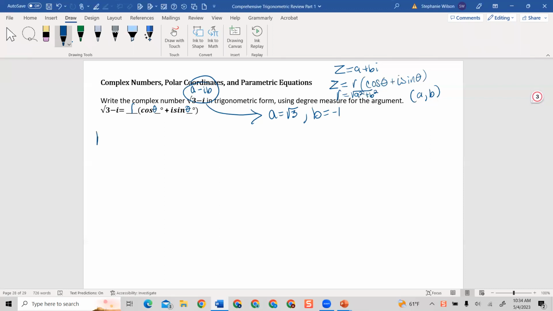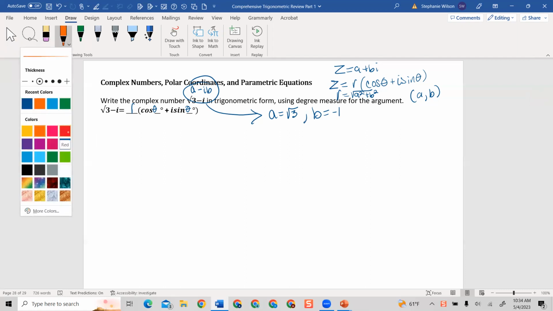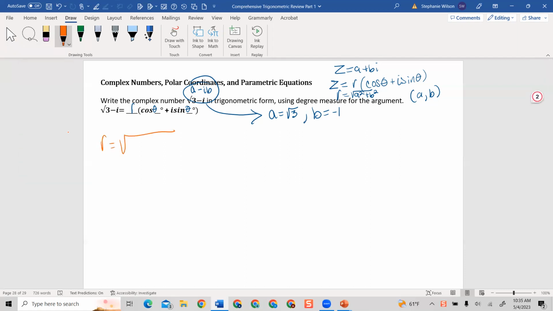So let's find r. My a squared plus my b squared, which is 3 plus 1, which is 4, and the square root of 4 is 2. So r is 2.